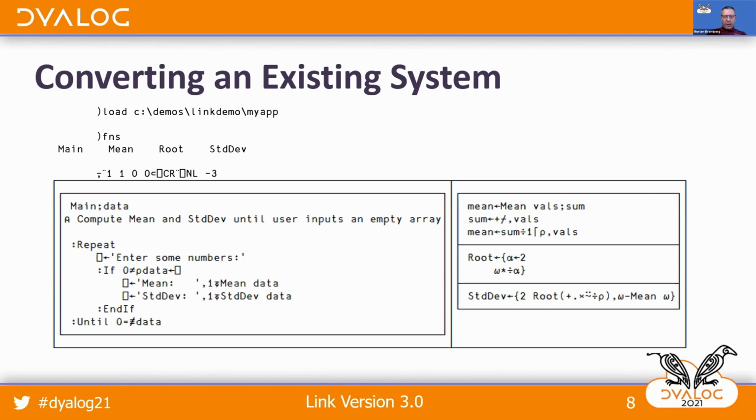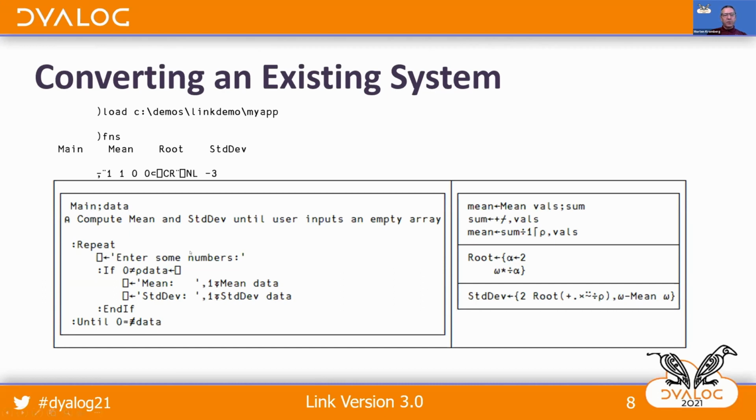So we've just seen how we can quickly create a brand new application just by opening a folder with APL and typing. But a lot of people, of course, have an existing system already. So here's an example of my application. It's got 4 functions in it. There's a main function, and then there's 3 functions that happen to follow alphabetically. So I can do this cute partitioning of the source code. We can see my application code on the left and the 3 utility functions in my statistics library listed on the right.